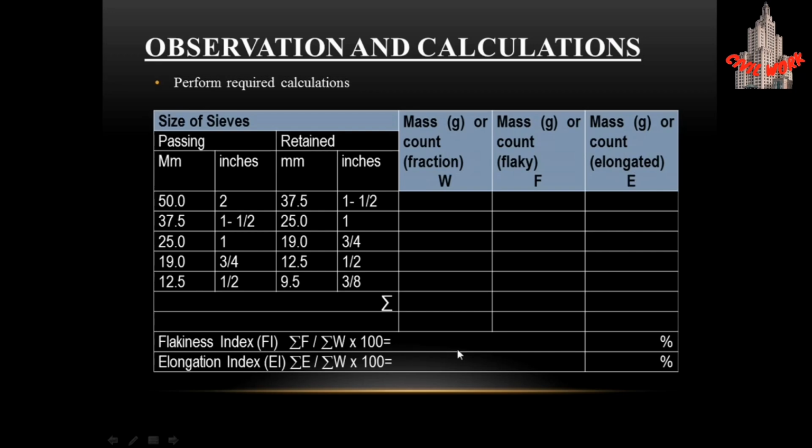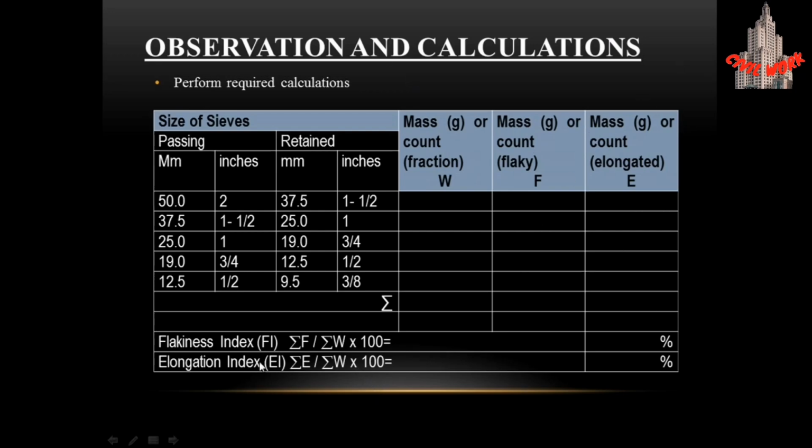The major part is that first we have to sieve our sample, then we have different retained and passing material, and then we have to check by passing these aggregates through the elongation gauge or flakiness gauge and write our results in here.